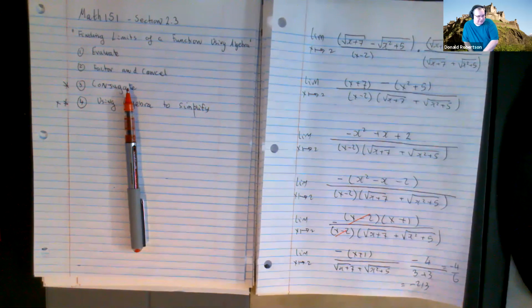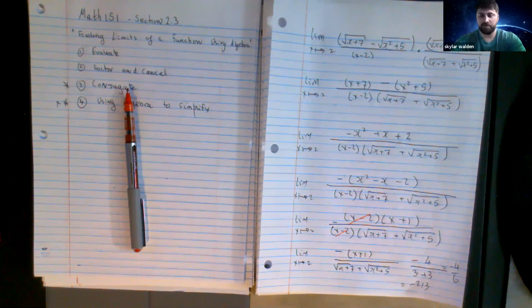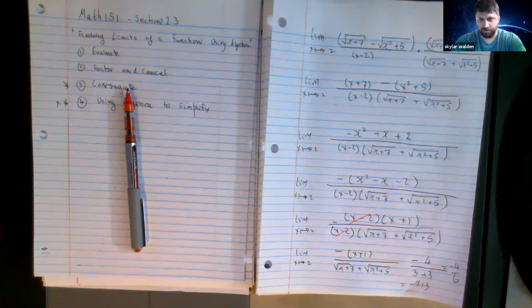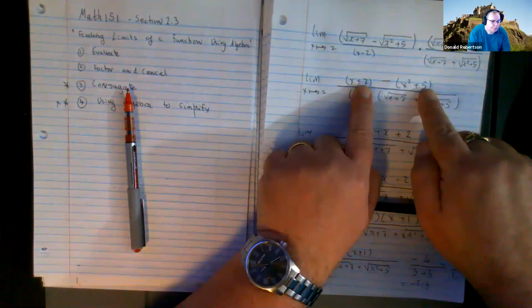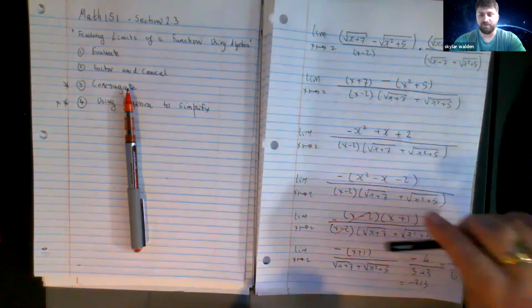Did you get there? Did some of you get there, at least I hope? Say that again, Skylar. What happened to the plus 5 and the x squared? Oh, 7 take away 5 became 2.